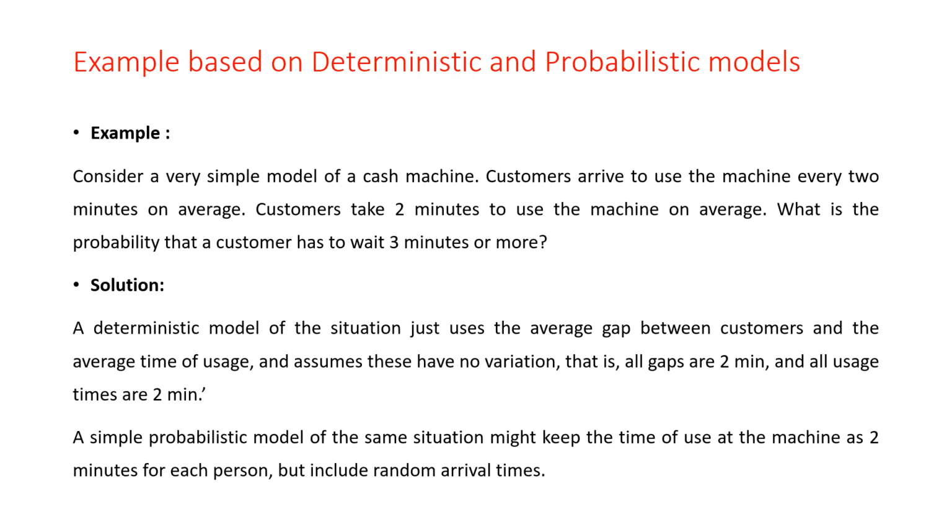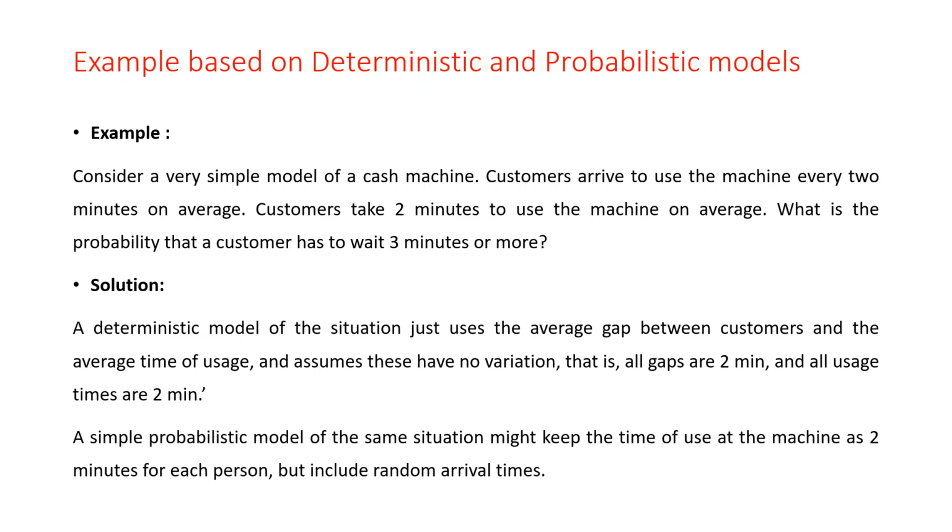So here the solution, if we are considering the deterministic model, is this. This model of the situation just uses the average gap between the customers and the average time of use, and assumes these have no variations. That is, all the gaps are 2 minutes and all use times are 2 minutes.